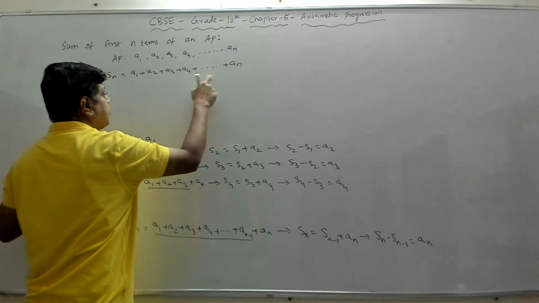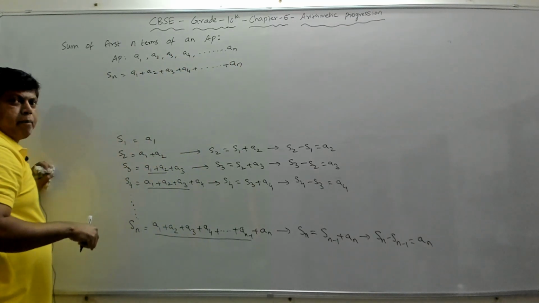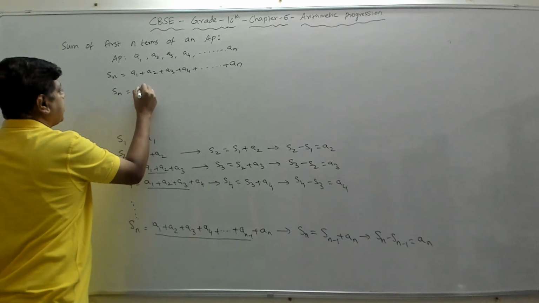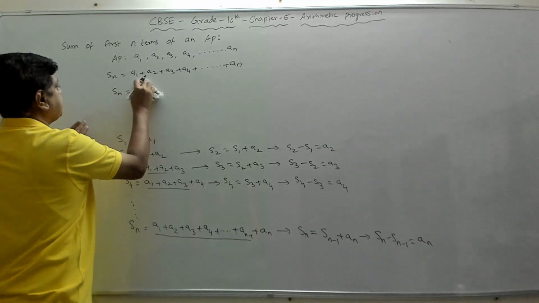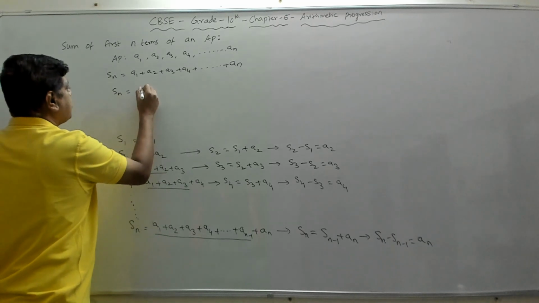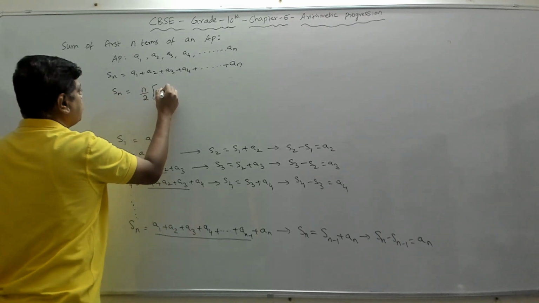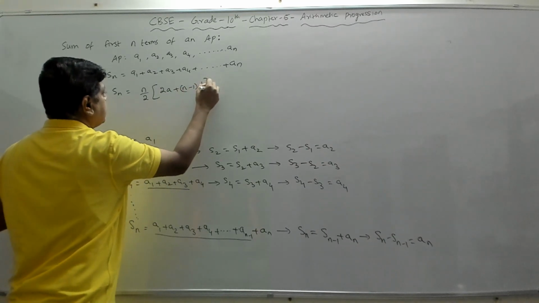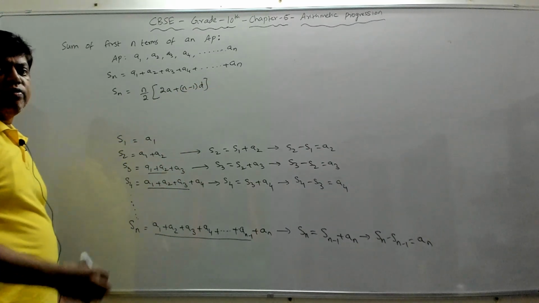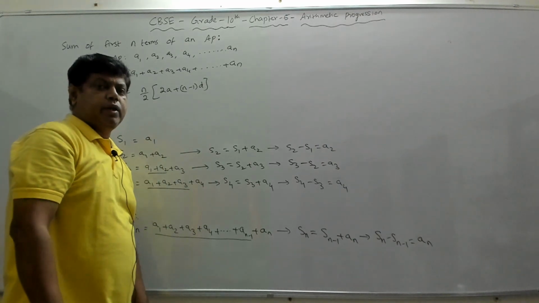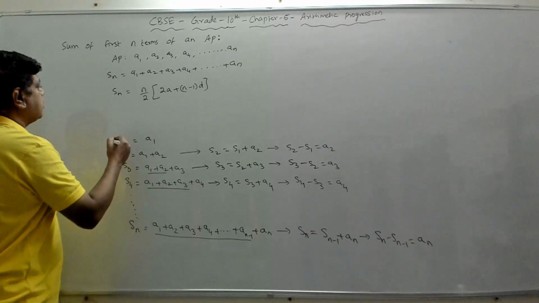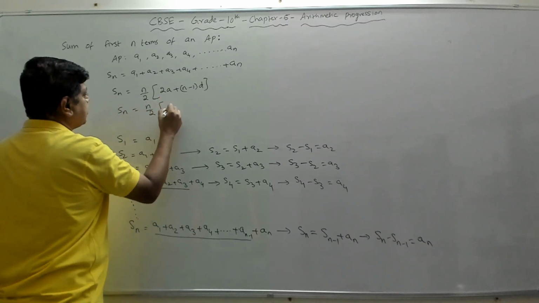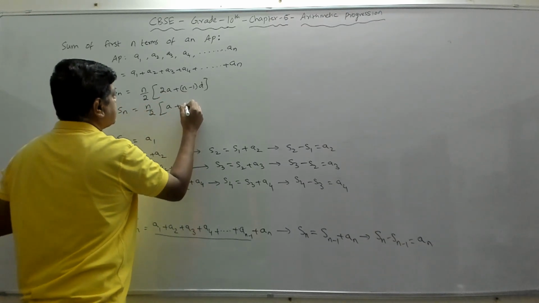The formula to find it is Sn equals n by 2 into 2A plus n minus 1 into d. And we have another formula, which is Sn equals n by 2 into A plus An.